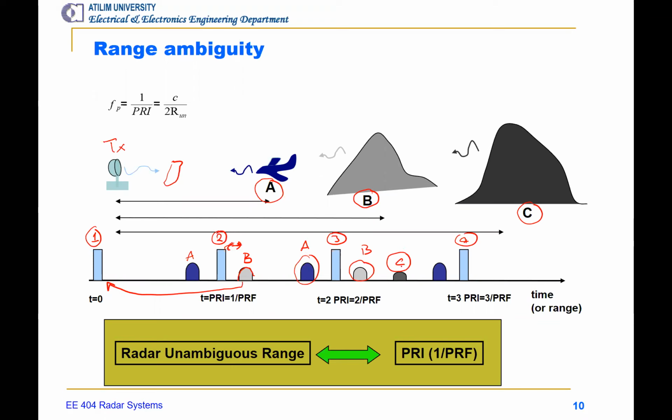I may be thinking that that's due to pulse 3 or pulse 2. Who knows? Maybe there was no object there, but suddenly it appears. So you see there are ambiguities in here. Is that clear? Now we can reduce ambiguity by different techniques, and we'll be discussing them later.